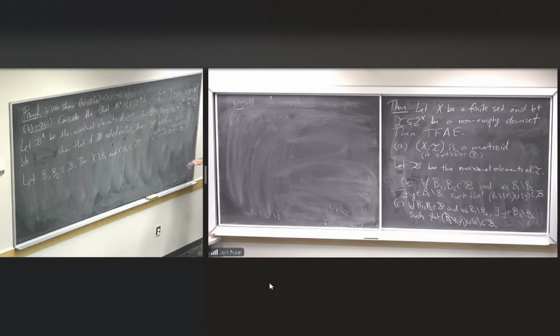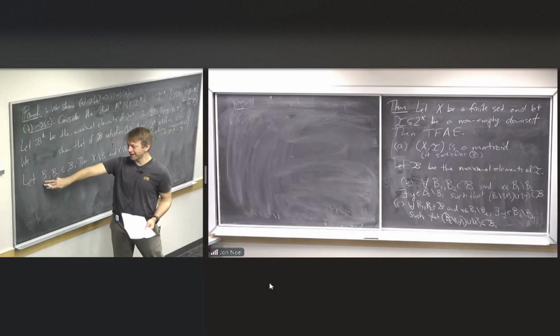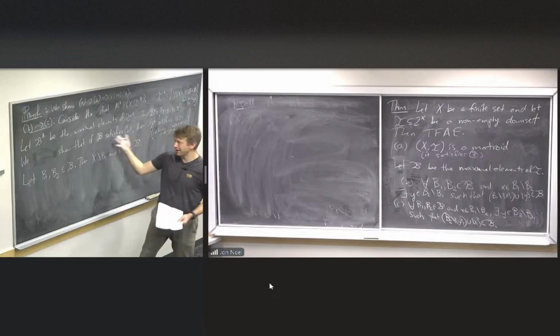So I'm going to work with these two things. It's just useful to be able to reference things that are in B so that I can use the property for B.